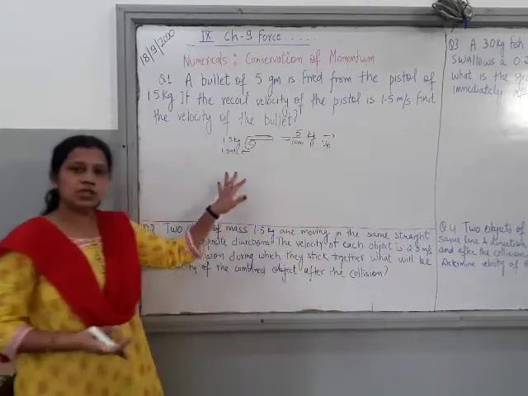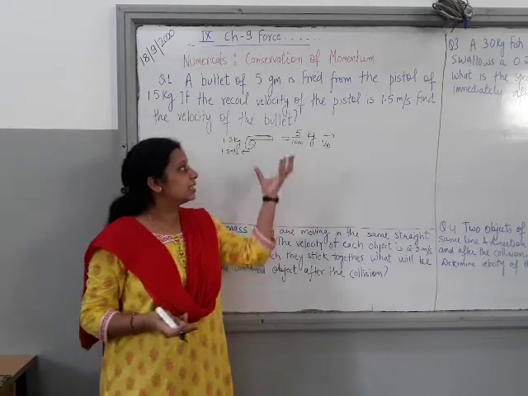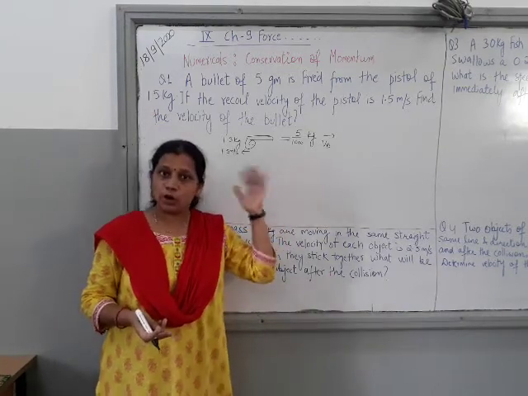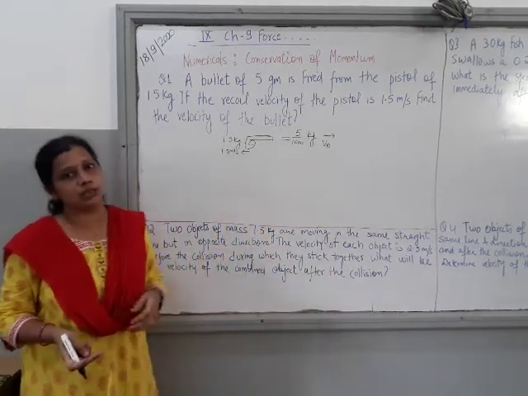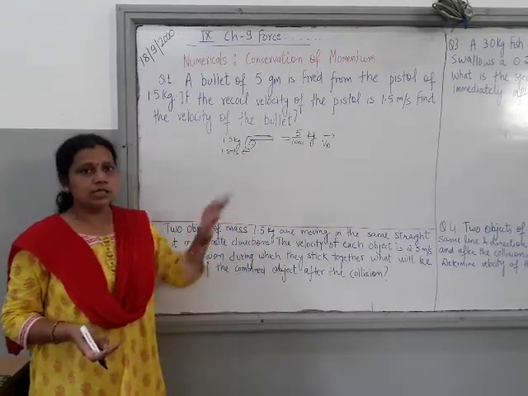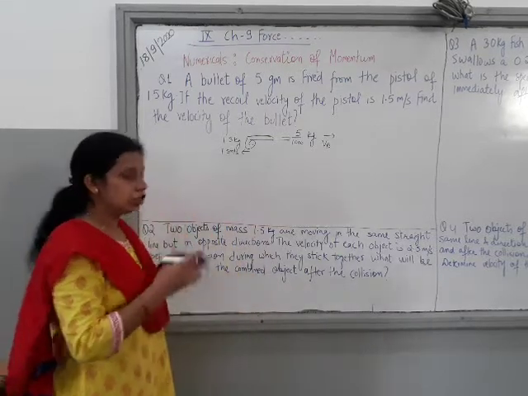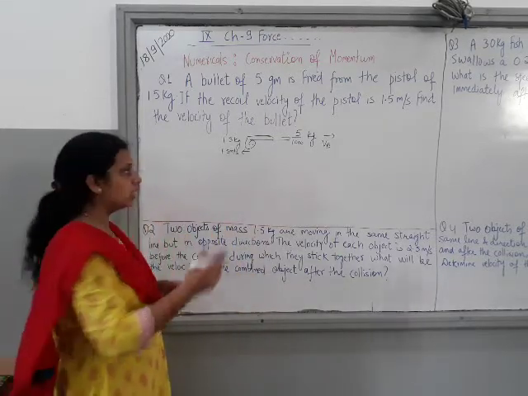In this type of question, you can take either the initial momentum as 0 by considering that the initial system was at rest, or you can take the final momentum as 0, considering that in the end they will come to a stop. So here I am taking the initial momentum of the system as 0. They are at rest. So initial momentum is equal to final momentum, that you know.